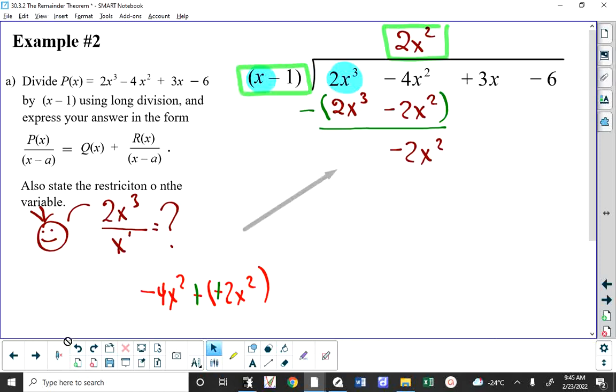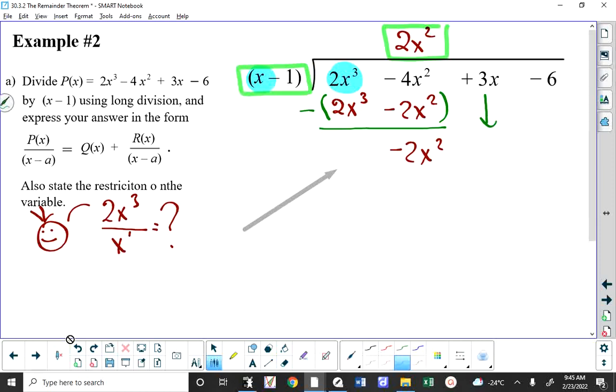And I'm pretty much done that first, as I call it, layer of work, except to prepare for the second layer, I need to bring down the next term. You might recognize at some point that you don't need to bring it down now, but later on you'll have to do the subtraction. And I repeat, so this was the first layer, now I'm into the second layer, I'm saying, what is negative 2x squared divided by x?